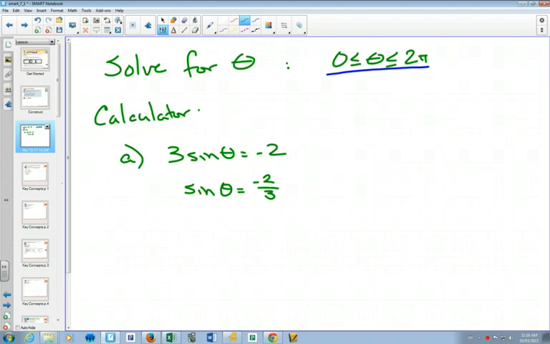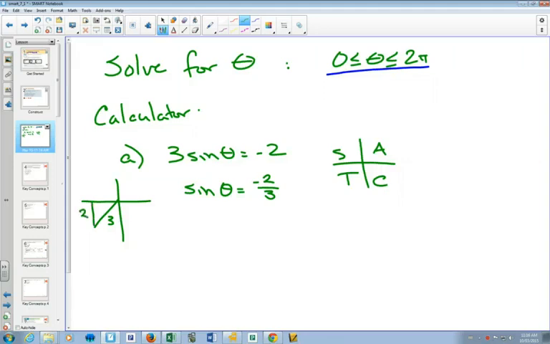The fact that it's negative, from our CAST rule, we already know that this is going to be either in quadrant 3 or quadrant 4. If we were to draw this actual angle out, we would know that we would have a hypotenuse of 3, an opposite side of 2, and this triangle that's made, this is our reference angle.